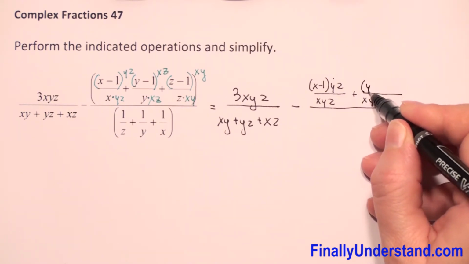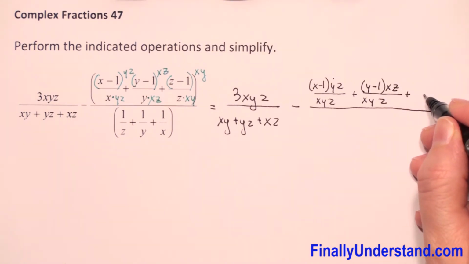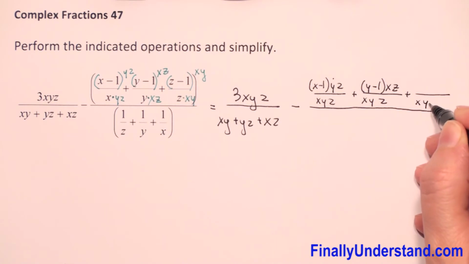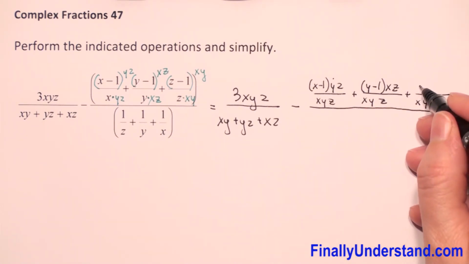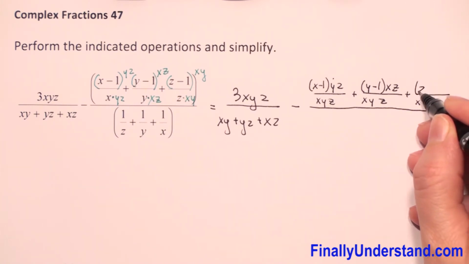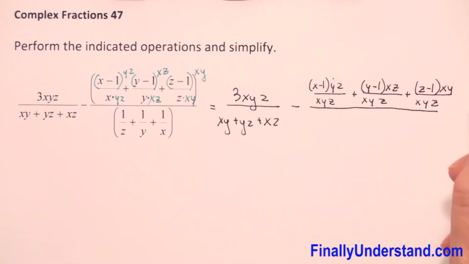And we have y minus 1 times xz. And we have plus xyz, and in the numerator it will be z minus 1 times xy.